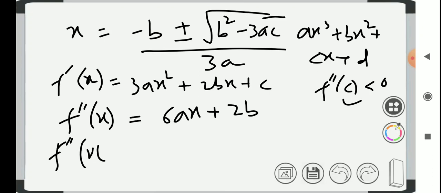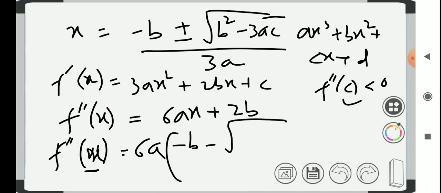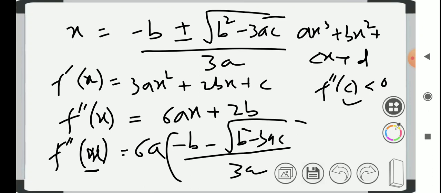First we will put the negative one. Here I have to put the value of x. So we have minus b minus under root b square minus 3ac upon 3a.